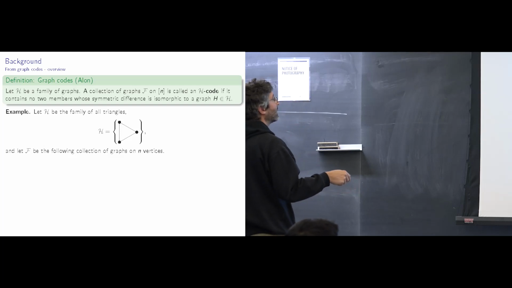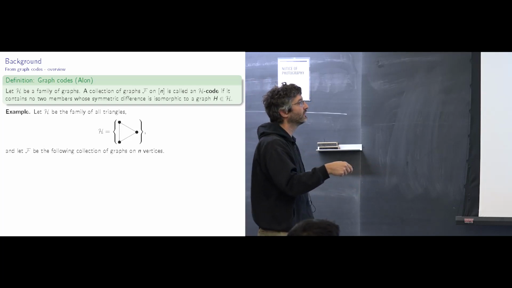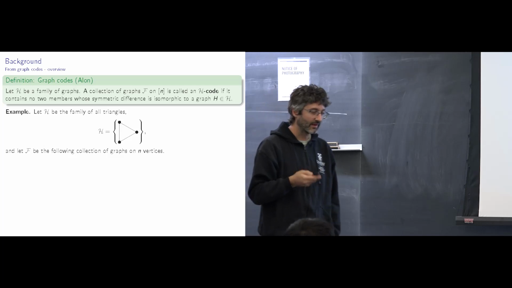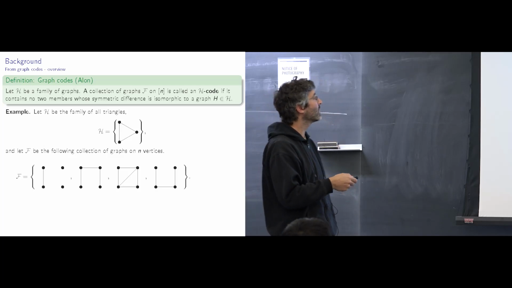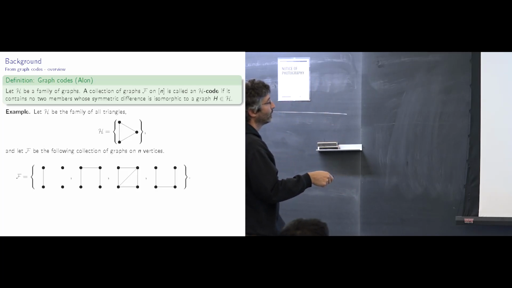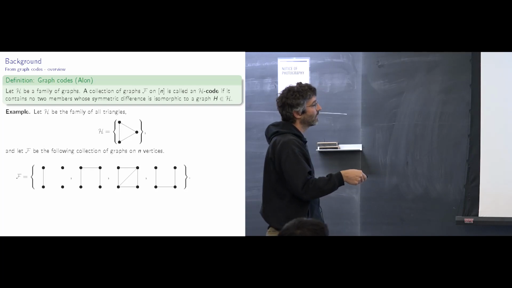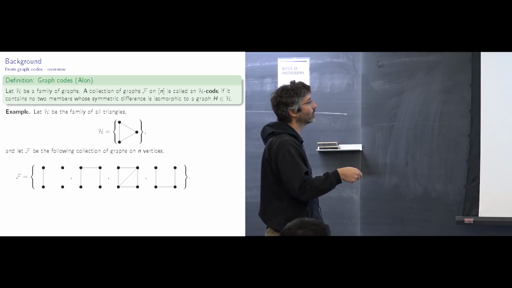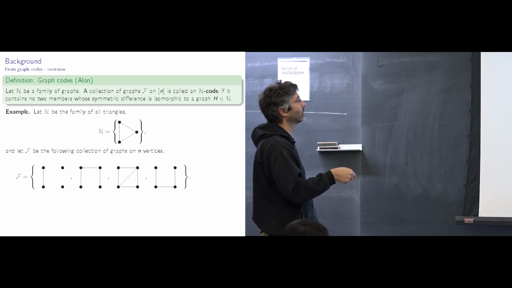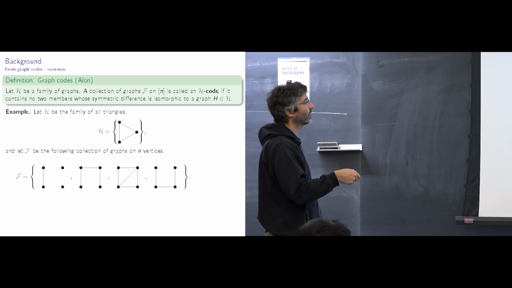I say that if I have another collection of graphs on n vertices, F, it is an H-code if whenever you take any two of them, you look at the pairwise symmetric difference. You kind of sum the two of them modulo 2, so you look at whether there is an edge in one and not in the other, or the opposite.